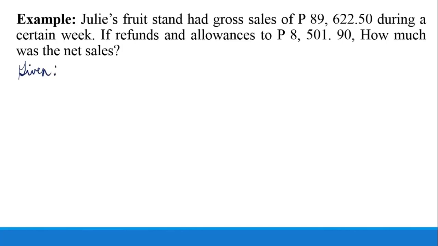Alright, so the gross sales, denoted as GS. Okay, gross sales is equal to 89,622 pesos and 50 centavos. Okay. And then we have the RA, the refunds and allowances.